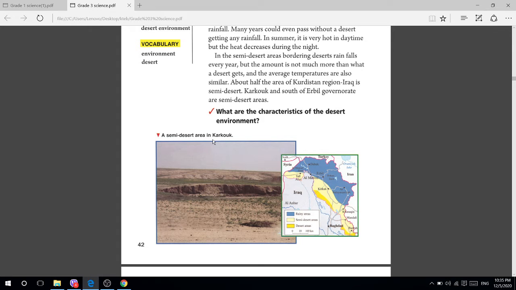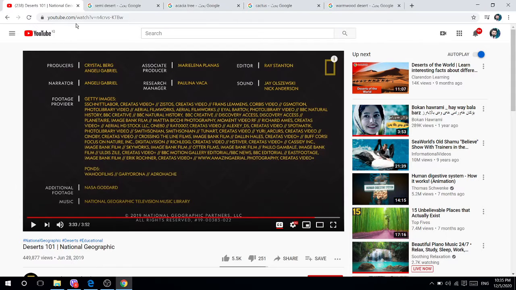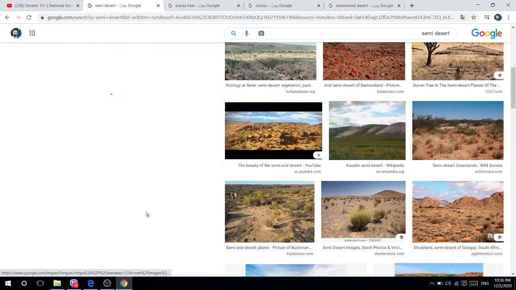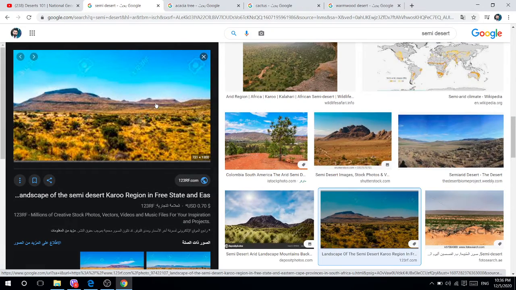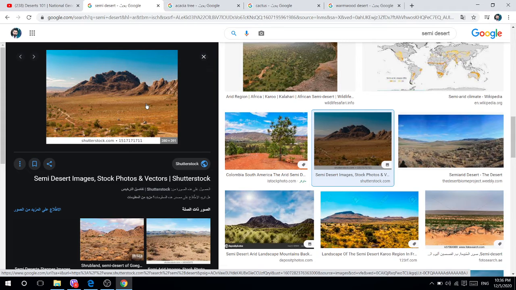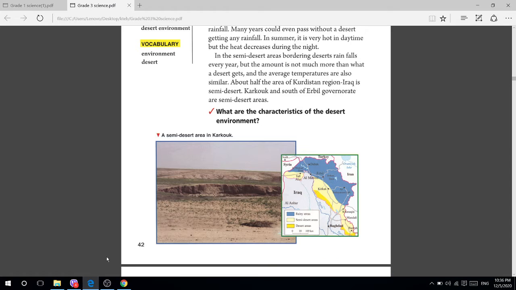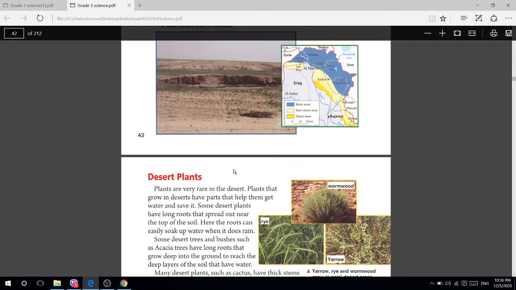This is called a semi-desert area in Kirkuk. This is an example of a semi-desert.